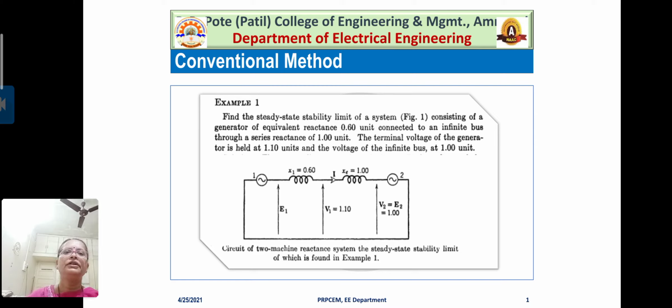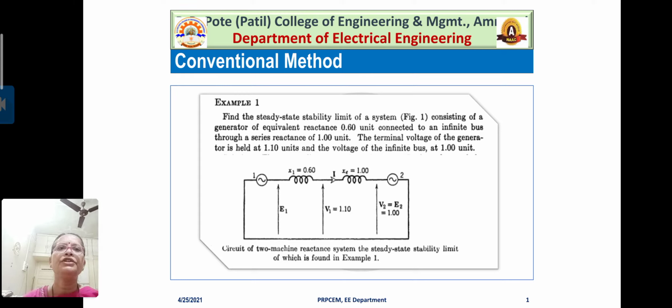Let us read this example. Find the steady state stability limit of the system shown here, consisting of a generator of equivalent reactance 0.6 unit connected to an infinite bus through a series reactance of 1 unit. Here in this diagram you observe X1 is equal to 0.6, Xe is 1. All values are in per unit, V1, V2, all these values are in per unit.